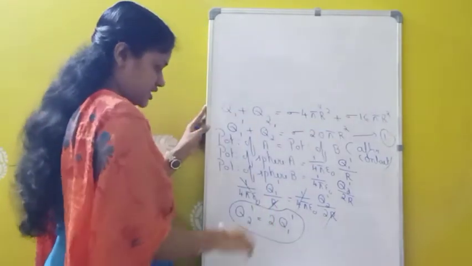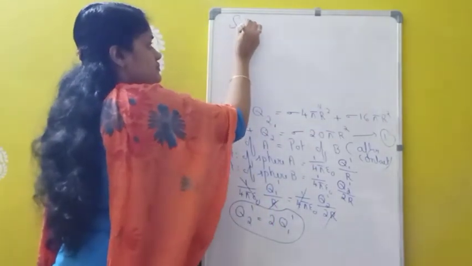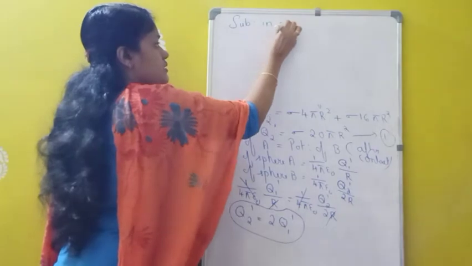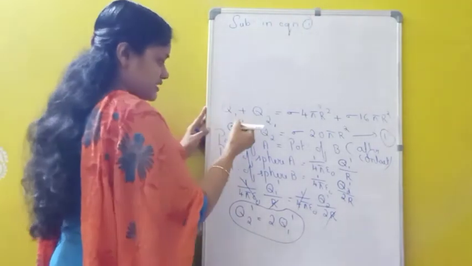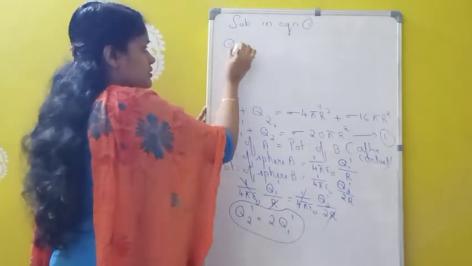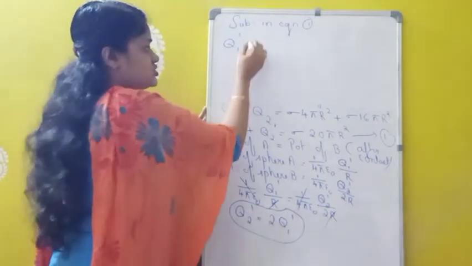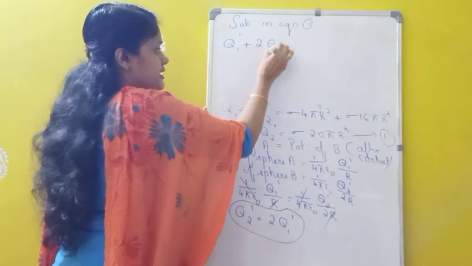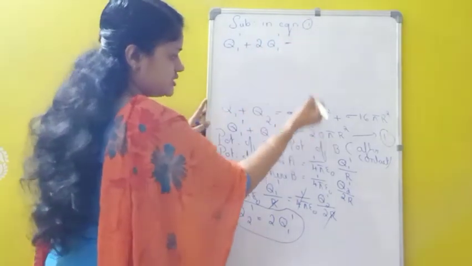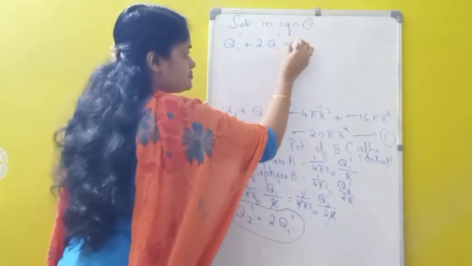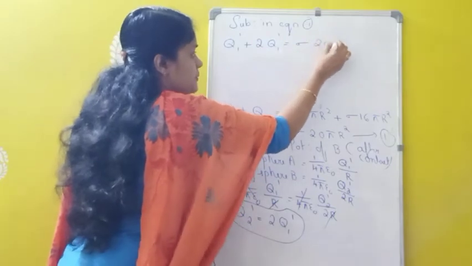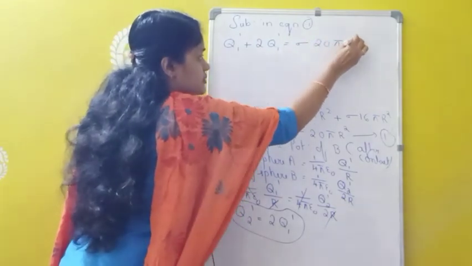Substituting in equation 1: Q1 dash plus, instead of Q2 dash, 2Q1 dash, equals sigma into 20 pi r square.